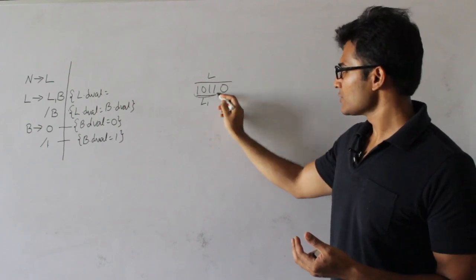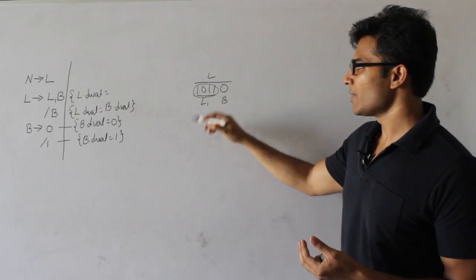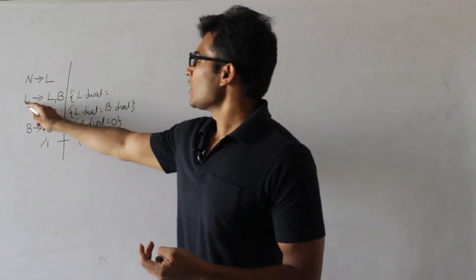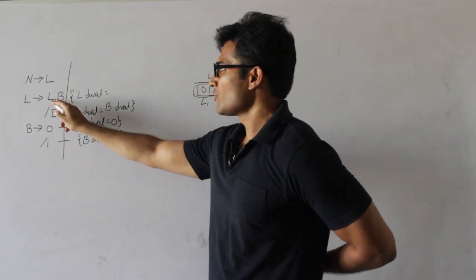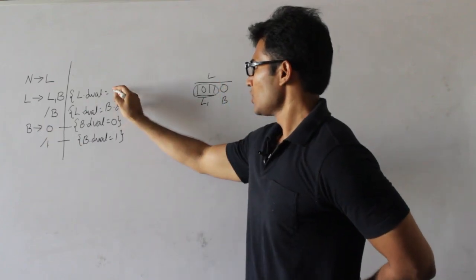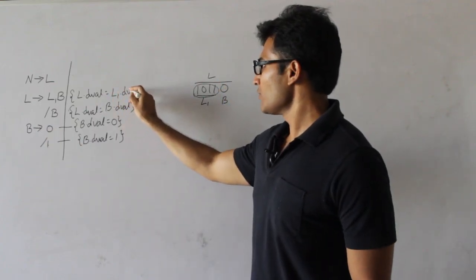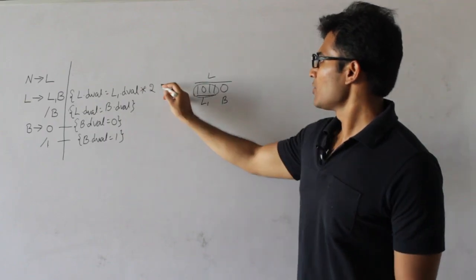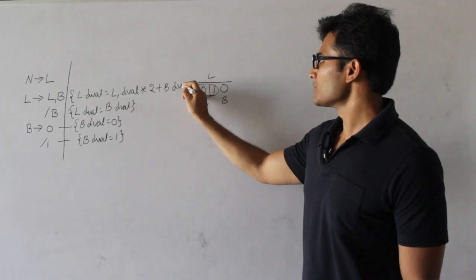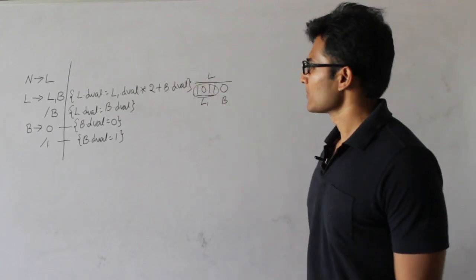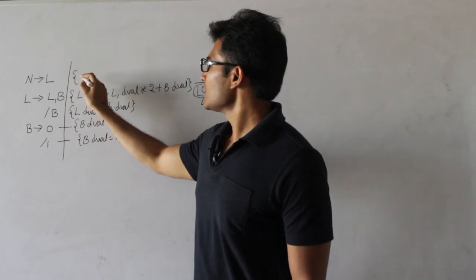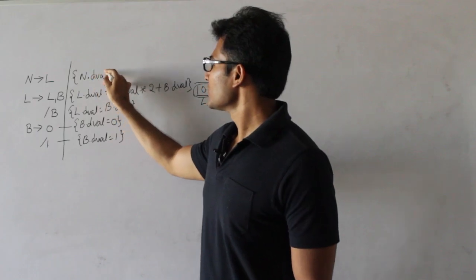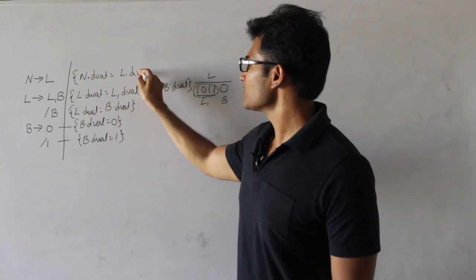Therefore, whatever is the decimal value of L1, you take it and multiply with 2 and add the decimal value of B, which means L dot decimal value is equal to L1 dot decimal value into base, what is base? 2, plus B dot decimal value, right? And finally, for this production, N dot decimal value is equal to whatever is L dot decimal value.